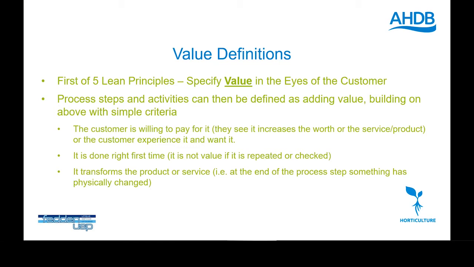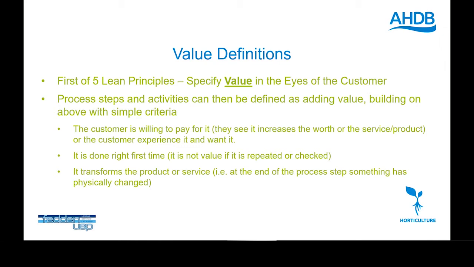They seem simple, but sticking to these gives you an idea of whether they're value steps or not. The first is: is the customer willing to pay for it? They see it increases the worth of the product they're receiving, or that they experience, and they want it. So being clear about what they want is the thing they're paying for.